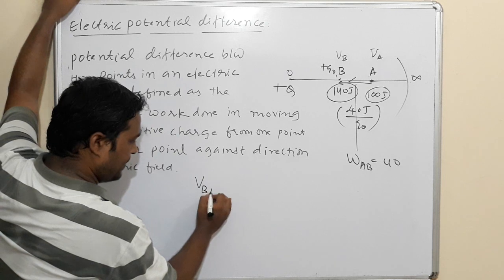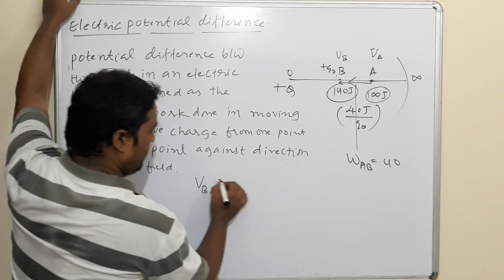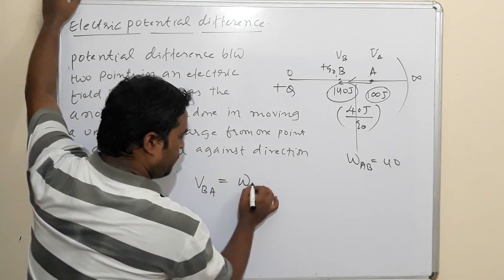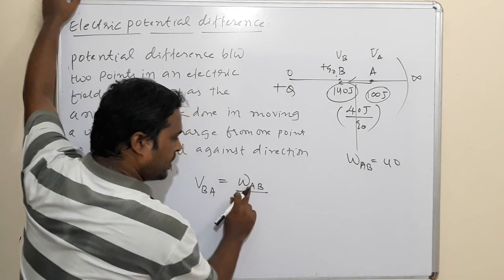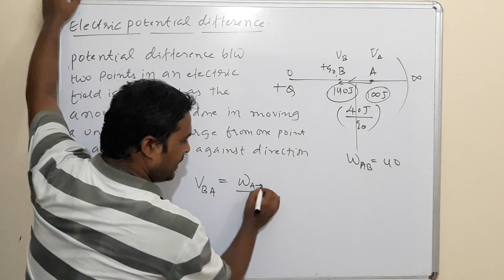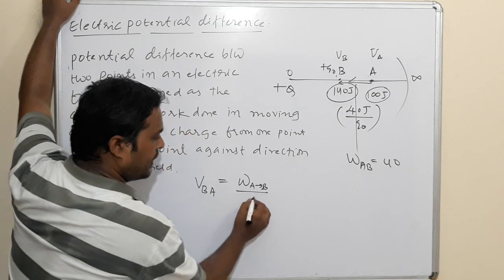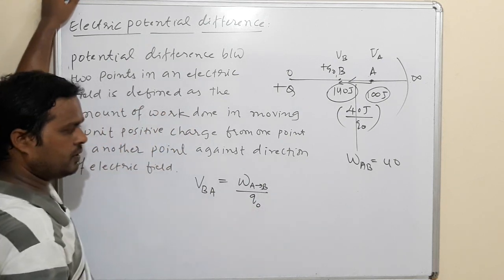Then I will write this as VB minus VA is equal to the amount of work done in moving the charge from A to B divided by charge Q naught.